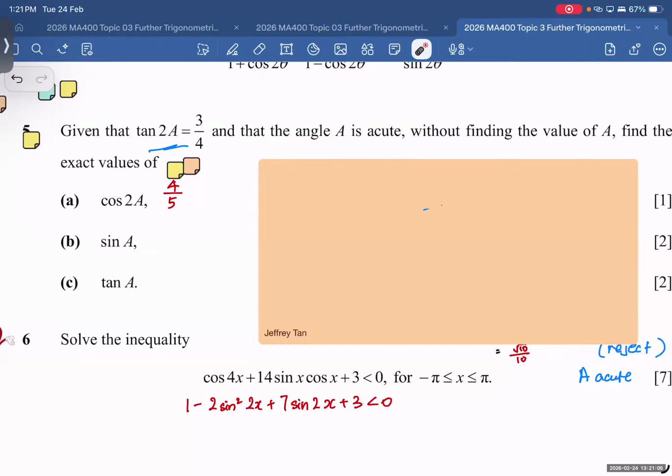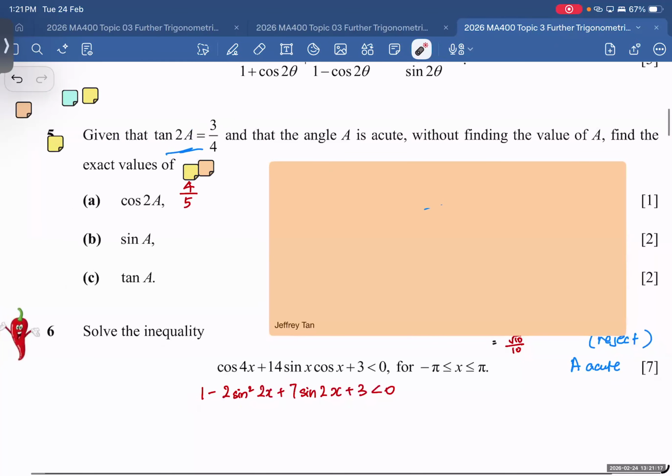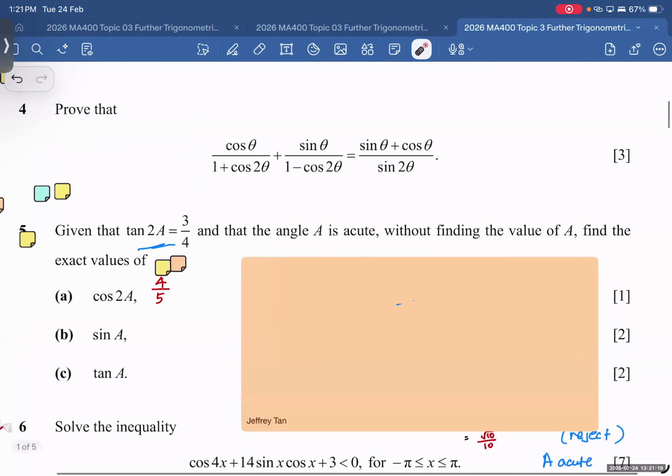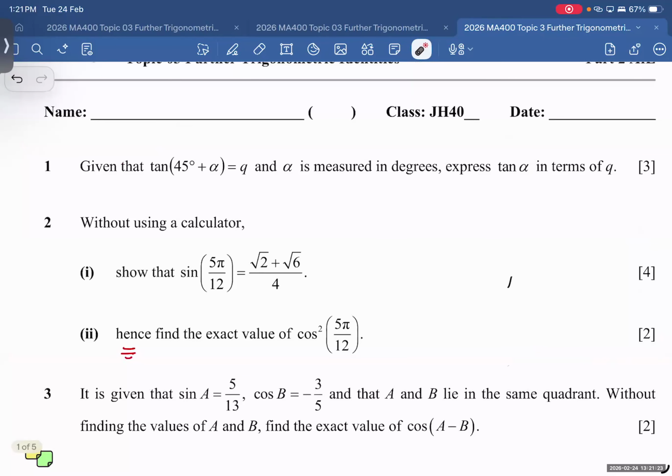Those who are fast, maybe you do the practice set while waiting. What question is it? Question one. Okay, I come to you. Basically you just make tangent alpha the subject.